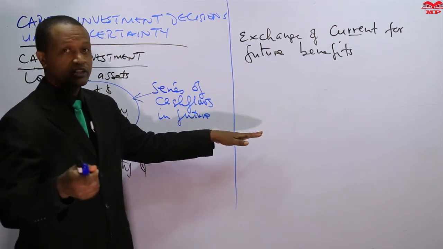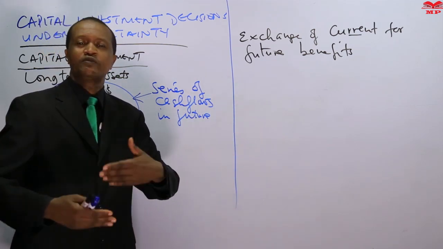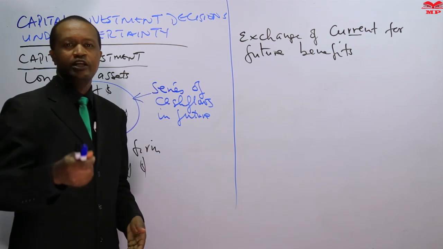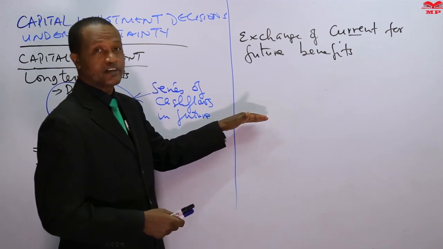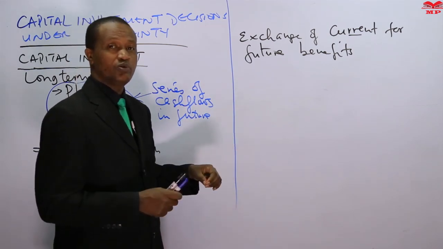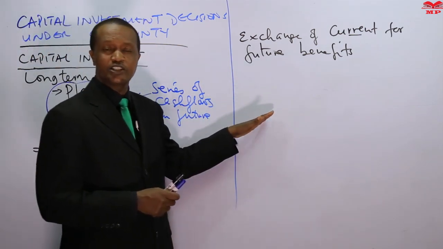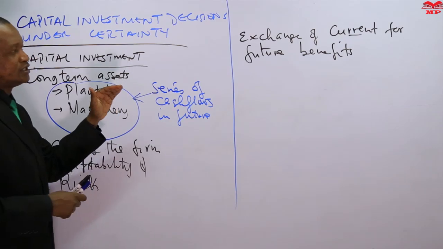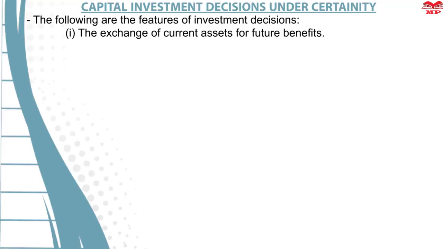I don't know why you are studying accounting or finance, but one reason could be to have knowledge and skills to be more efficient and effective in your financial duties. So you are sacrificing your money now with the expectation that you will reap in future. That is the nature of capital expenditure. You forego the current and expect to have benefits in future. So that is very important, the exchange of current funds for future benefits.